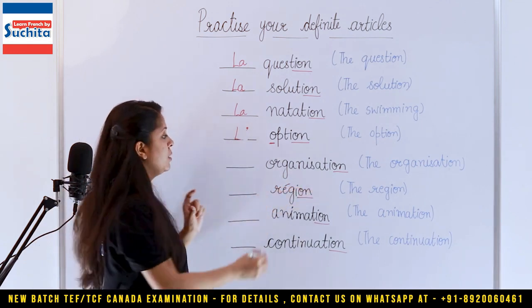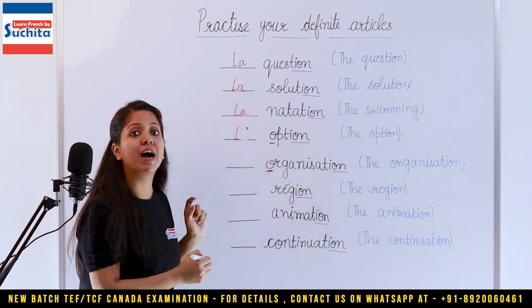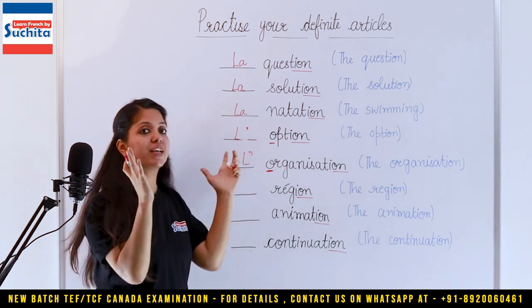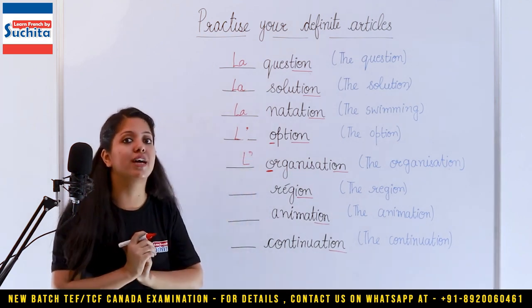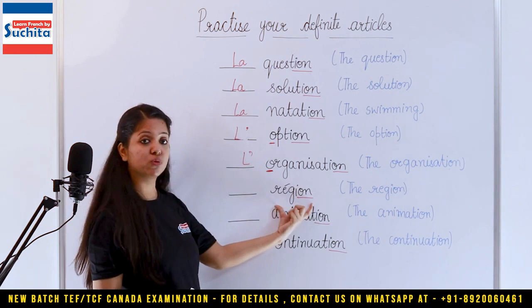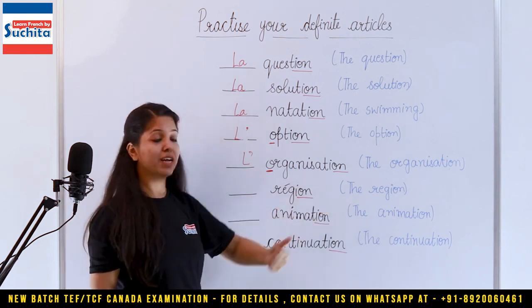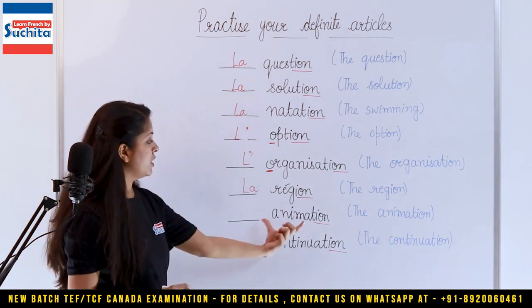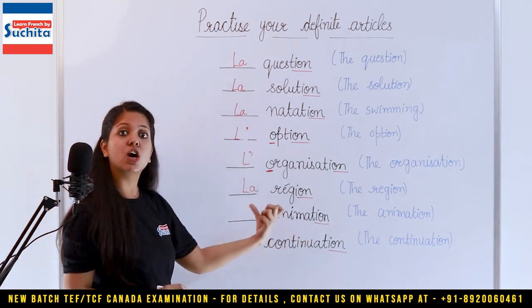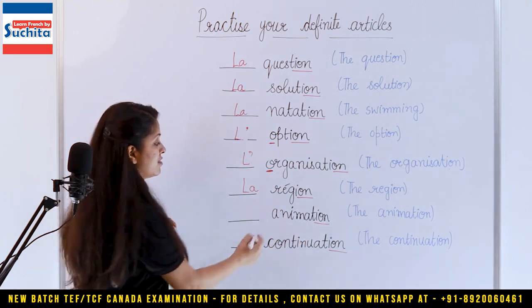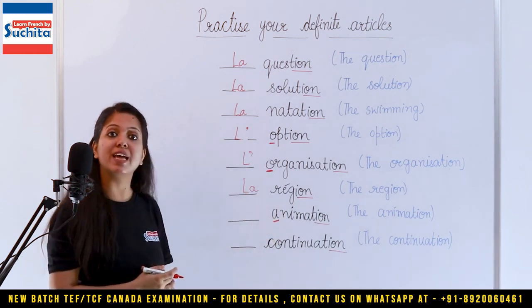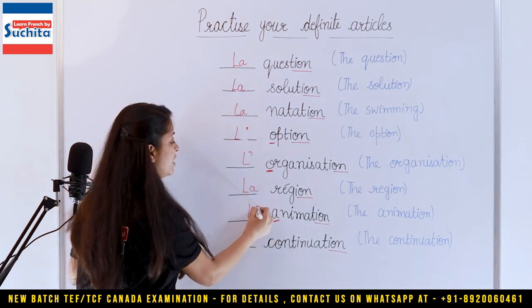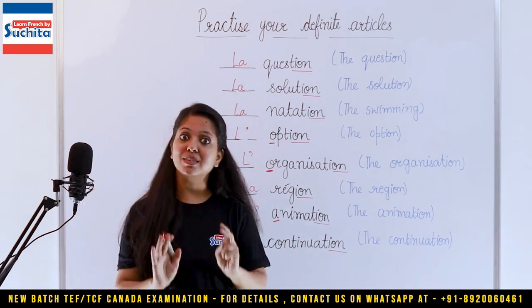Encore c'est féminin, but then since it begins with a vowel, you say l'organisation. Région, the region, and that's la région. Animation. Encore c'est féminin. But since it begins with the letter A, which is a vowel, you say l'animation, but it is féminin.